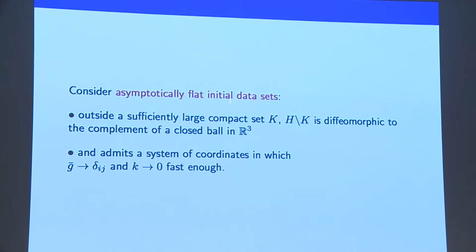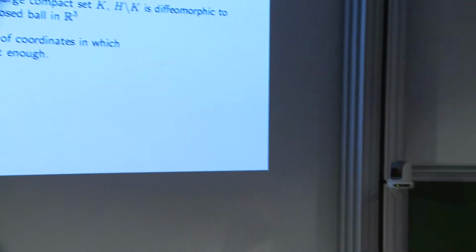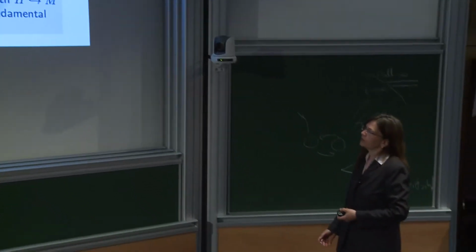We think of asymptotically flat initial data in the sense that outside of a sufficiently large compact set, H is diffeomorphic to the complement of a closed ball in R3. And then the metric g bar and K have to decay, g bar to delta ij and K to 0, fast enough. And of course, I will make this more precise: what type of decay, what type of asymptotically flat data we are looking at.